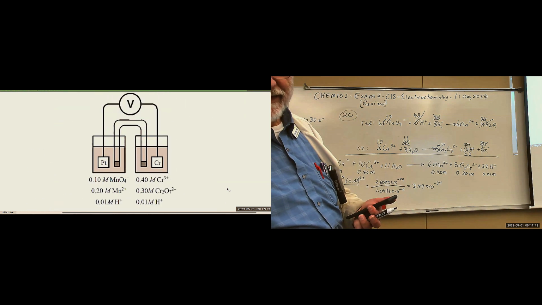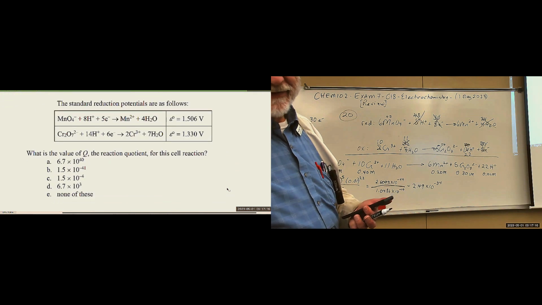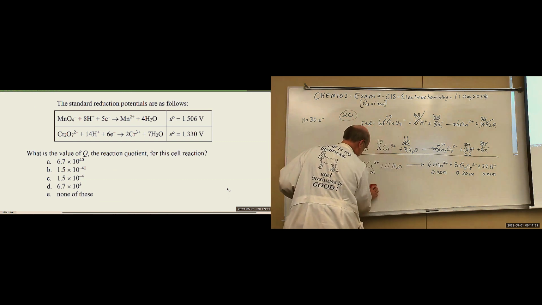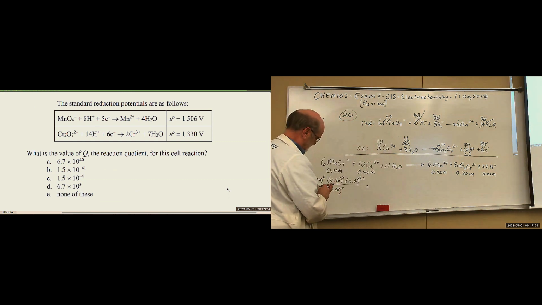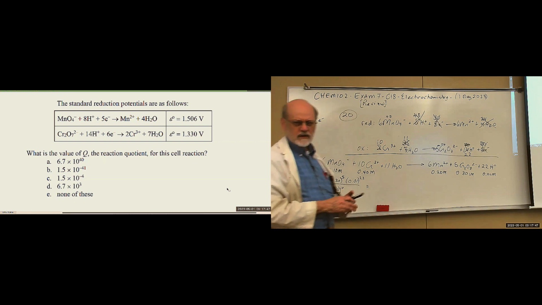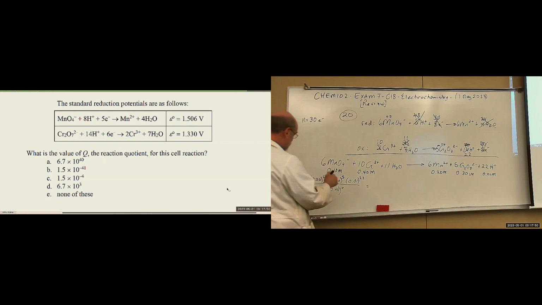What's it supposed to be? Okay, let's try that again. This time I'll go straight through with no intermediates. Let's do 0.1 to the 6th divided. Okay. 0.4 to the 10th power. 2.37 times 10 to the minus 24. No, I must have done something wrong. Okay, let's try it again.